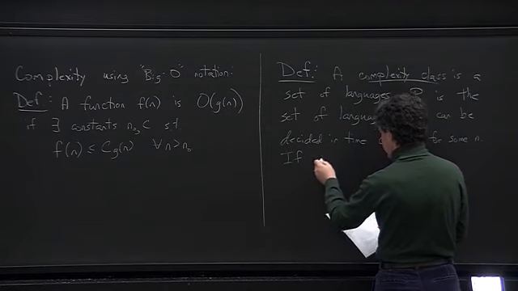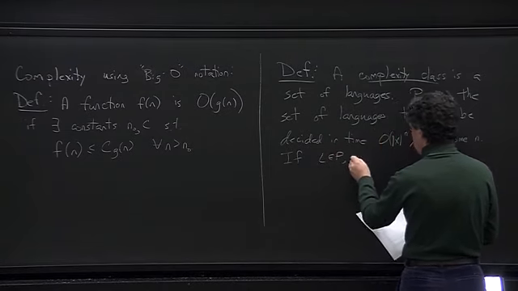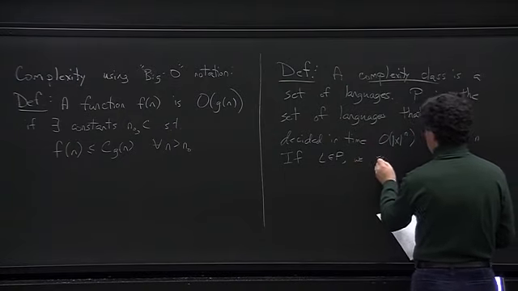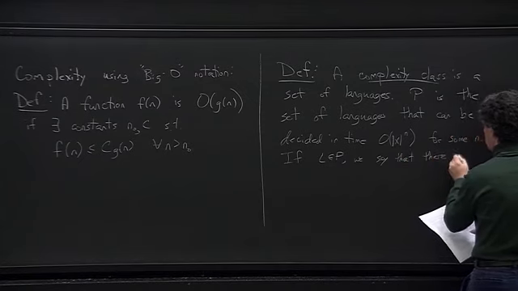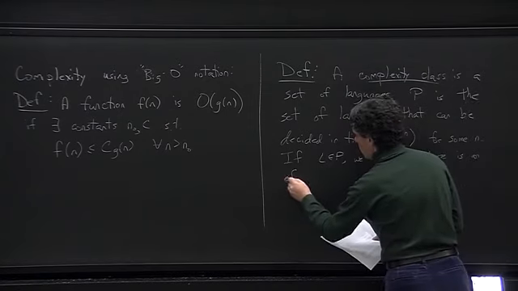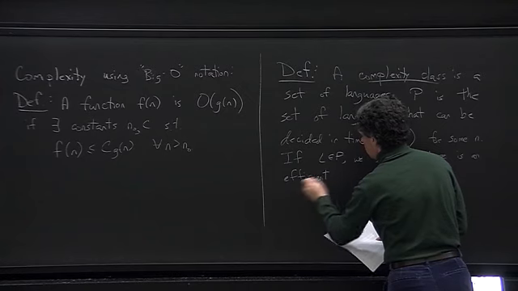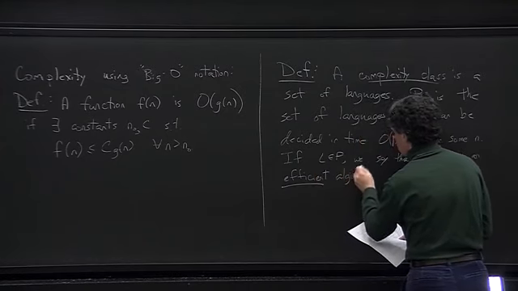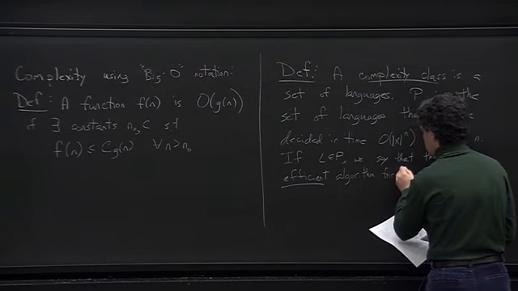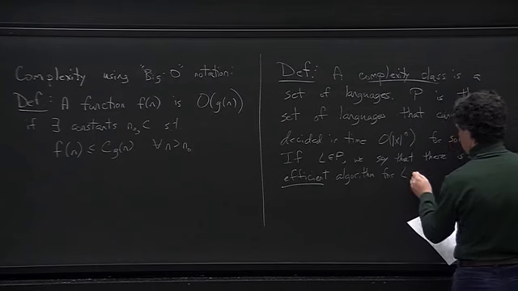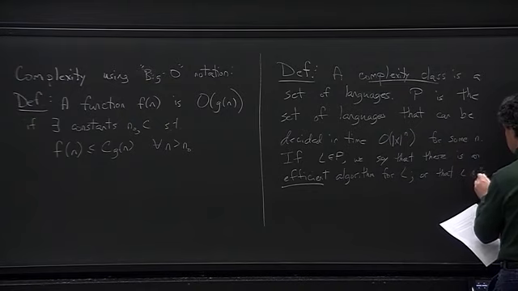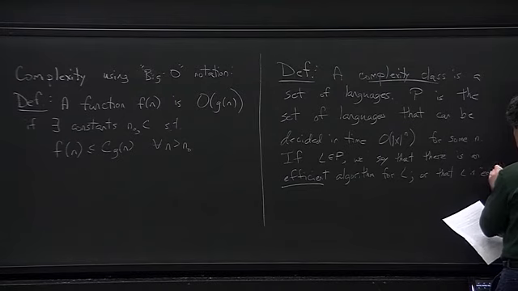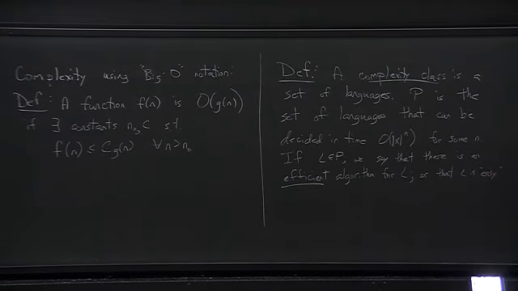So if a language is in P, we say that there is an efficient algorithm, or that L is easy. And if not, it's hard.